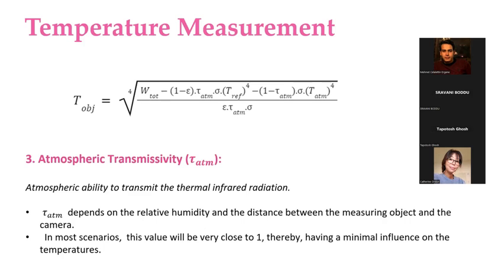The third parameter is atmospheric transmissivity, which is the ability to transmit thermal infrared radiation. It depends on the relative humidity in the imaging area and also the distance between the camera and the measured object. But for most practical medical thermography scenarios, this value would be very close to 1.